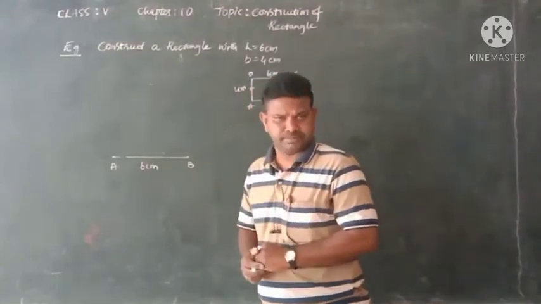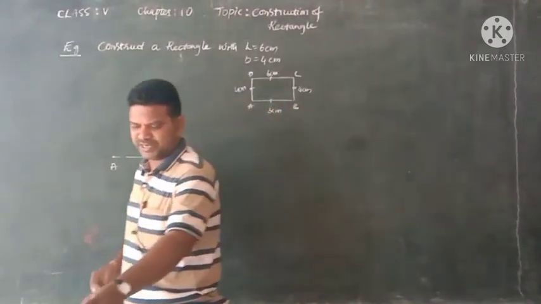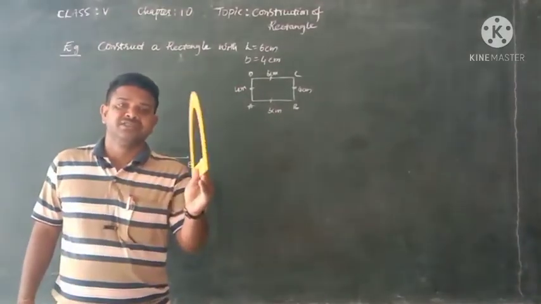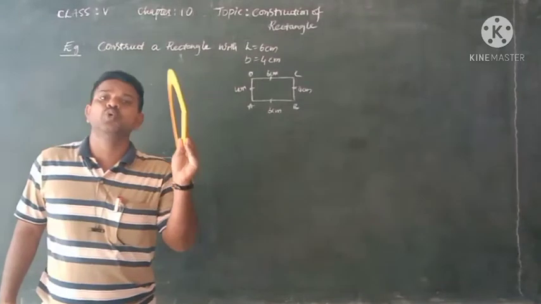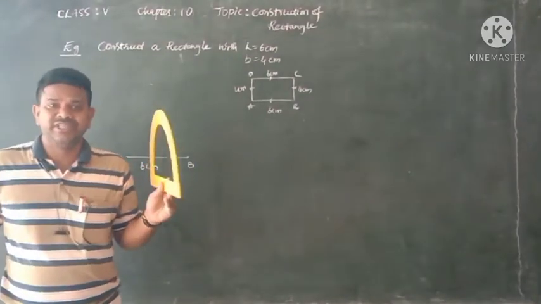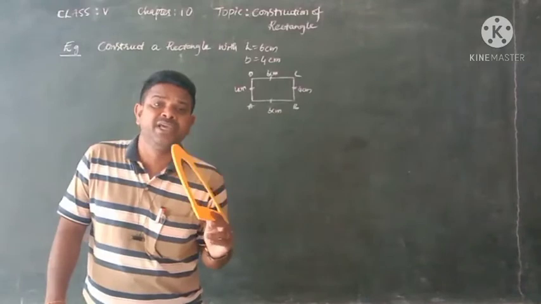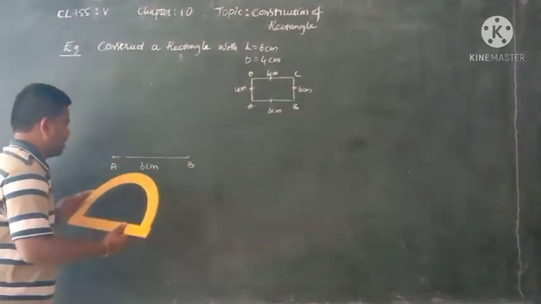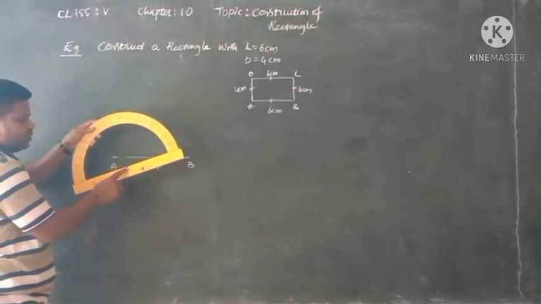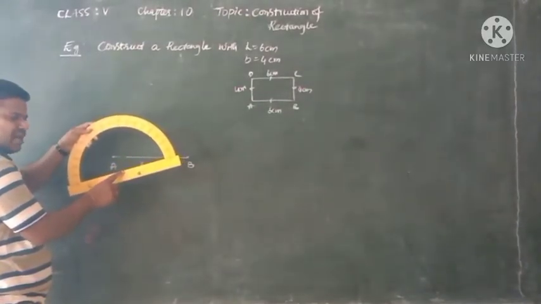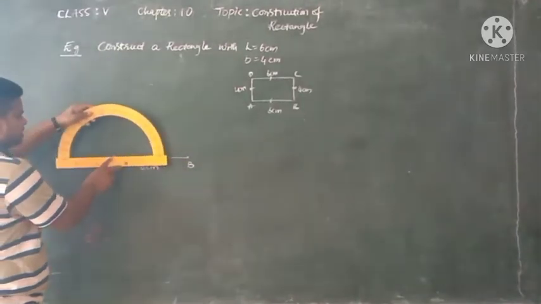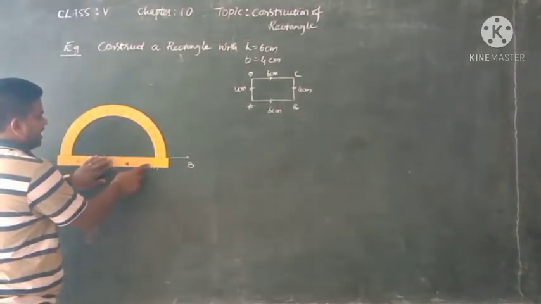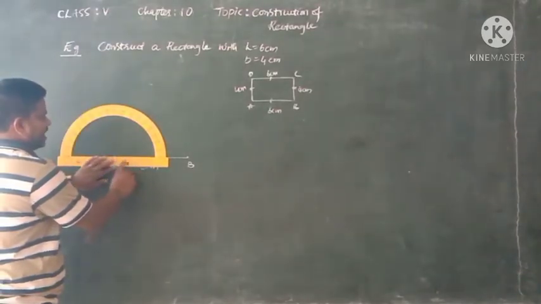What about the second step? As we learned in the construction of a square, draw two rays through A and B making 90 degrees. Draw two rays. How? I already told you that while constructing a square we use the same thing. The midpoint of the protractor is at A and the baseline is exactly on AB.